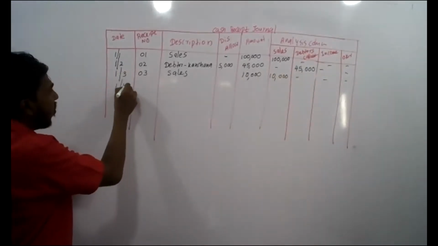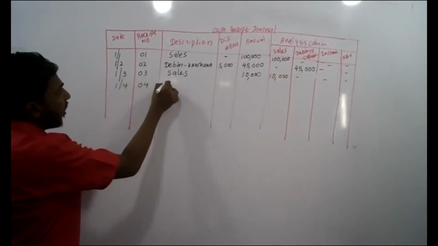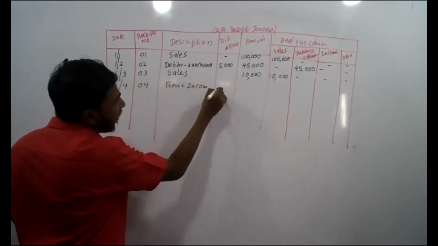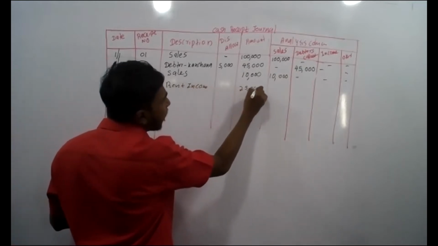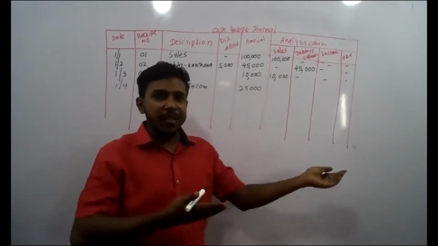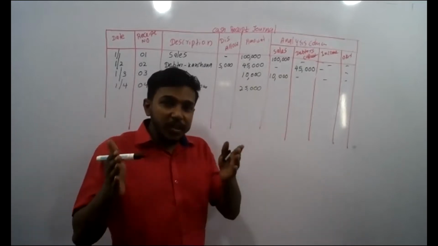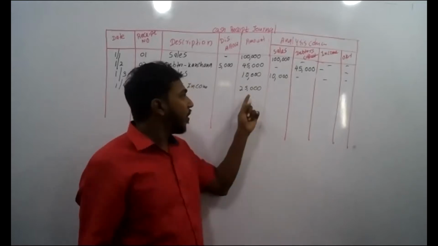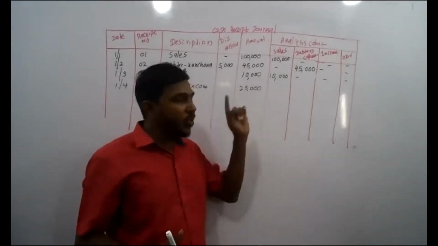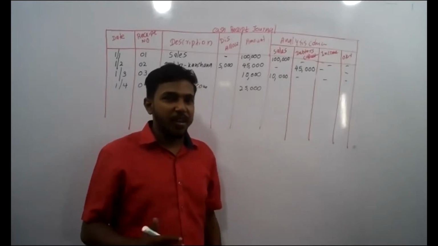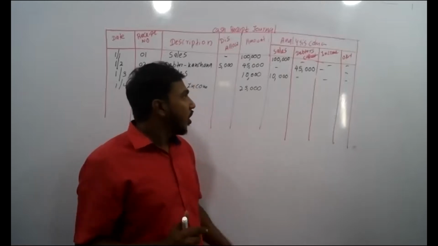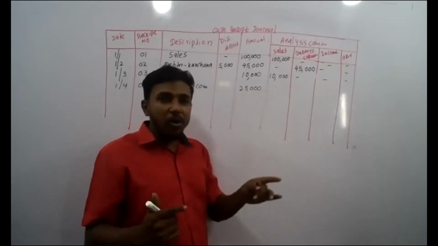You will be wondering, so what is the income column here? We'll say 1/4, receipt number 4, you received the rent income. Rent income 25,000. You have rented out a part of your building to H&B Bank. So you have received the monthly rent income of rupees 25,000. So now which column?